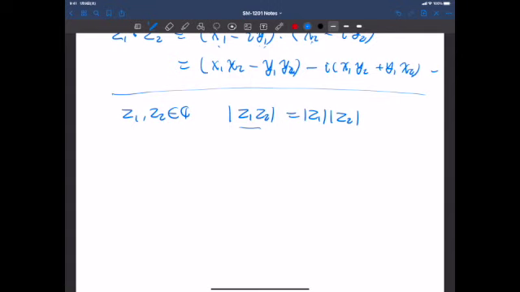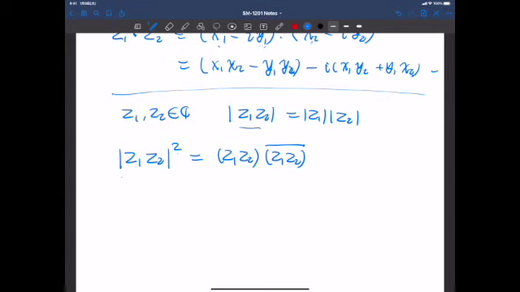But here's another way to prove this. First consider the modulus of z1 z2 squared. Now we know that the square of a modulus is this: z1 z2 times the conjugate of z1 z2.